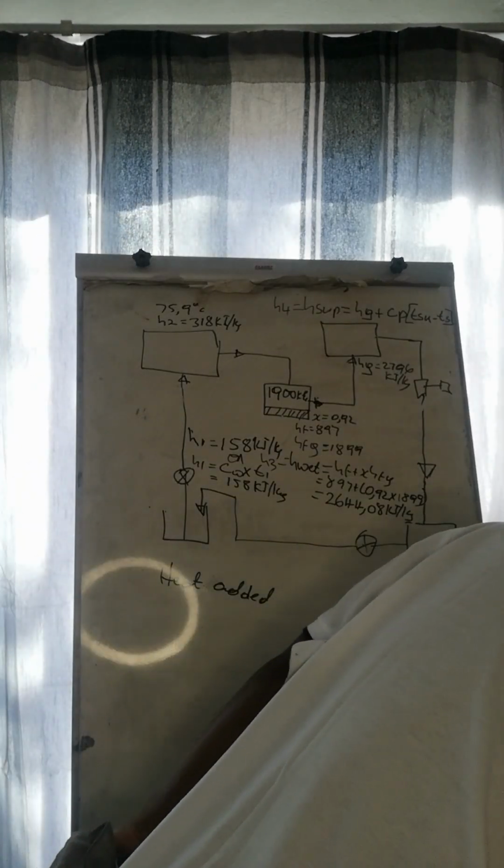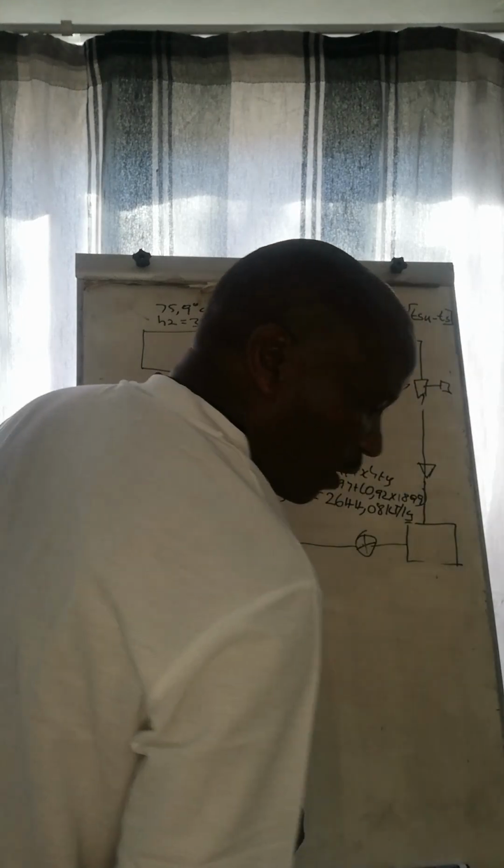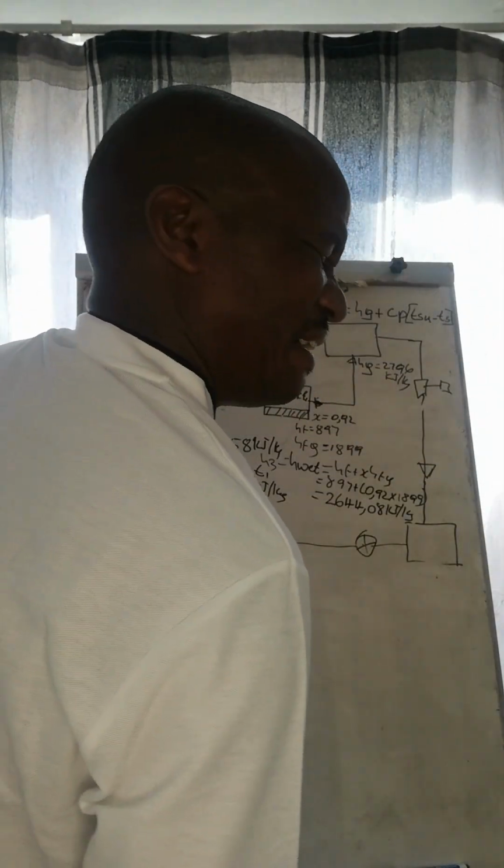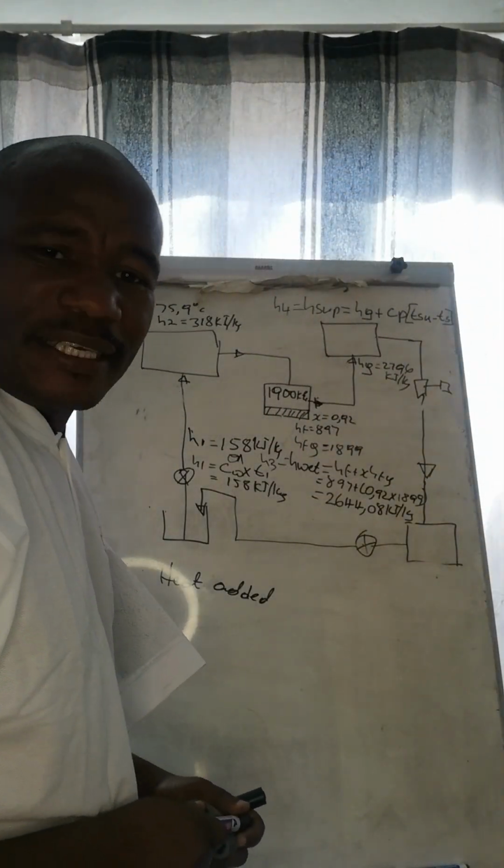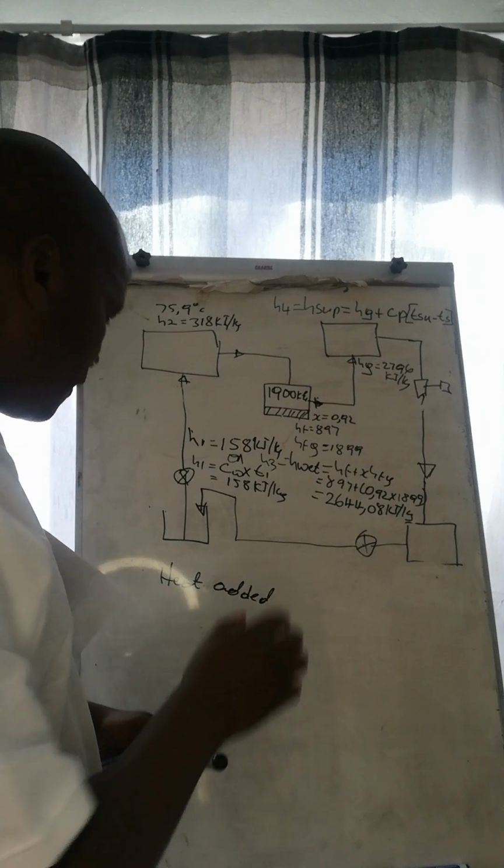Let's read it together: the temperature of the exhaust gas at the outlet of the economizer, if the inlet temperature of the economizer is 480. It's 480, straightforward.